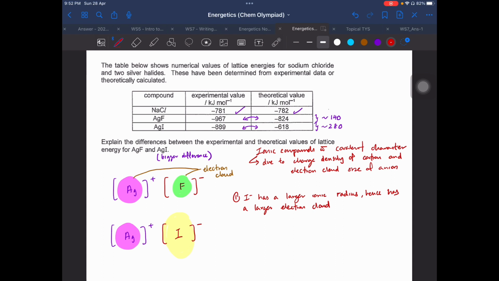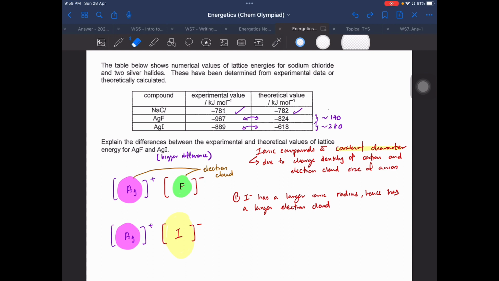Now, why is this electron cloud important, and how does this help us to understand covalent character? Okay, silver ion over here is a cation, right? So what these cations can do is that they can actually attract electrons towards themselves, and this is what we call the distortion of electron cloud. So by distortion of electron cloud, what am I trying to say?